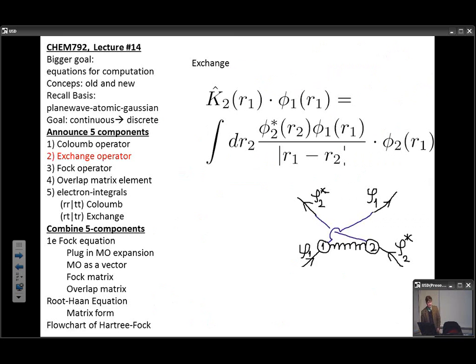The next term appears due to the fact that the total wave function has antisymmetry. It is based on the Slater determinant, and therefore the total energy gets an additional term corresponding to this permutation of indices. The mathematical structure is very much the same, but it reflects the fact that this operator is acting on the wave function of the electron placed in position 1.